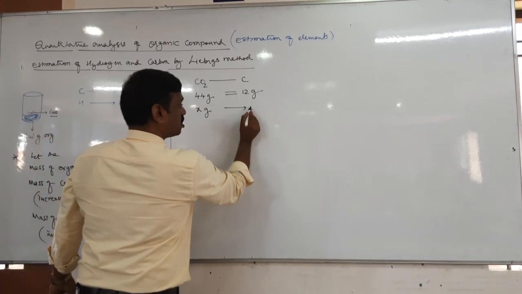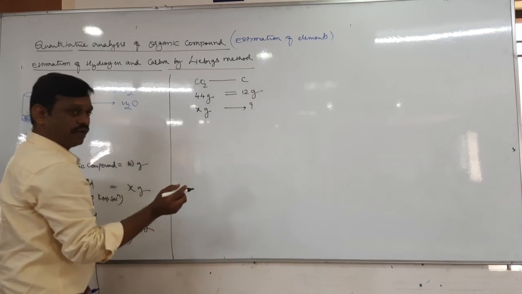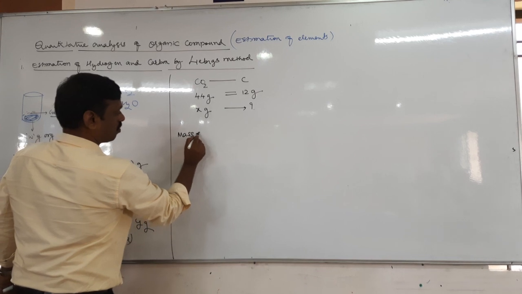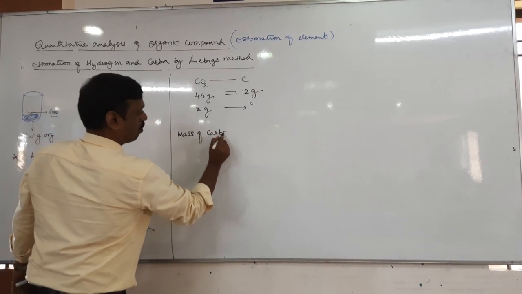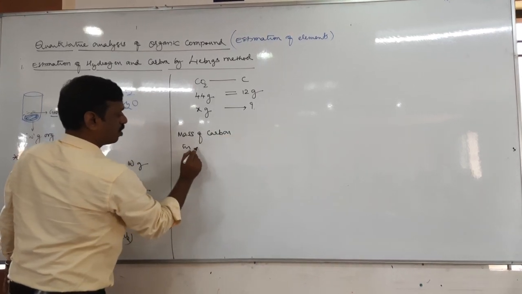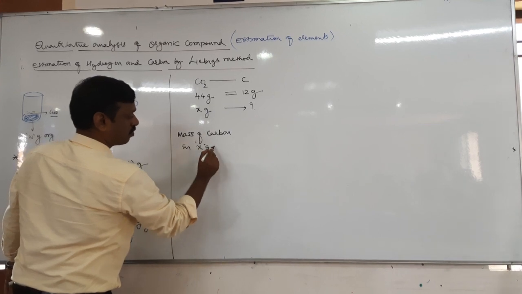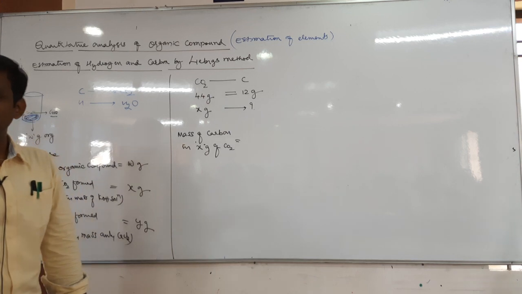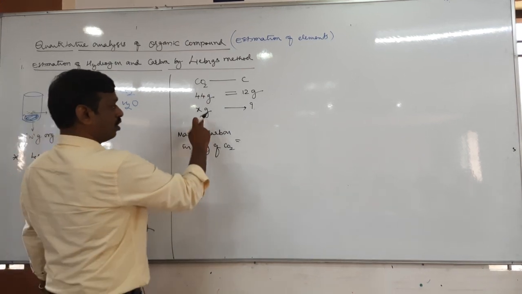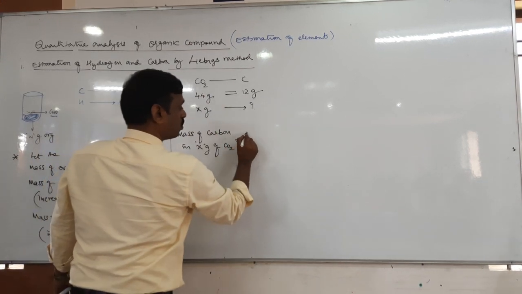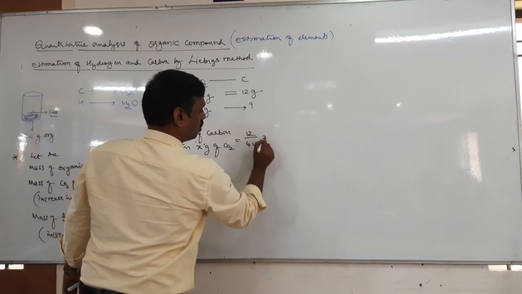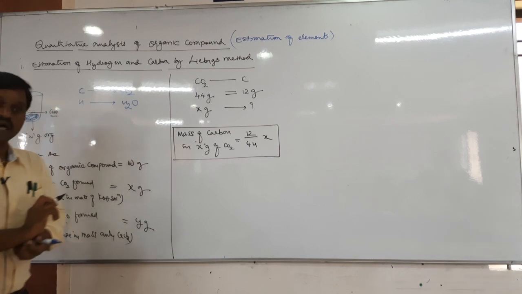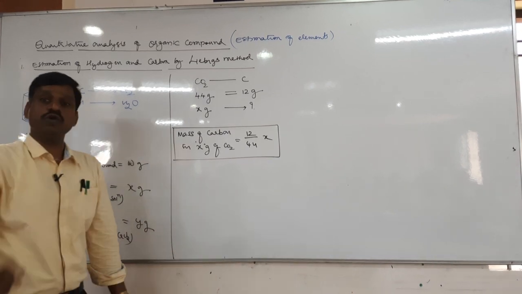Then x gram of CO2 contains how many grams of carbon? What is the mass of the carbon in x gram CO2? It is 12 by 44 into x.